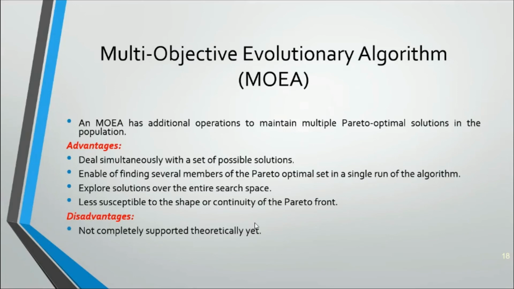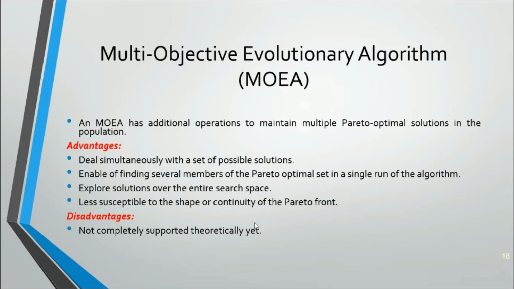Then the advantage of MOEA is it deals simultaneously with a set of possible solutions. It enables finding several members of the Pareto optimal set in a single run of the algorithm. That is, multiple solutions. Both say the same thing. That is, the multiple solutions can be found in a single run of the algorithm itself.